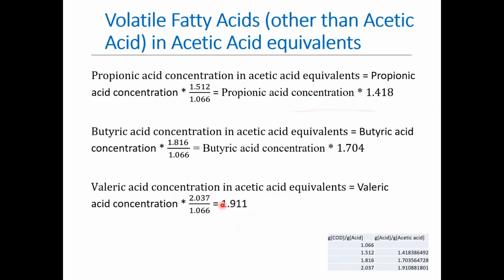The concentration of valeric acid is missing here, so this is not really right. You need to multiply this number by the valeric acid concentration. Of course, this is the conversion table. For acetic acid, gram acid per gram acetic acid should be 1, because acetic acid is acetic acid, no conversion in this case.